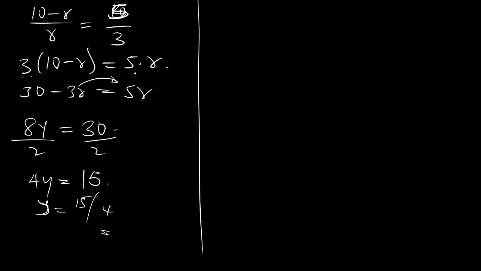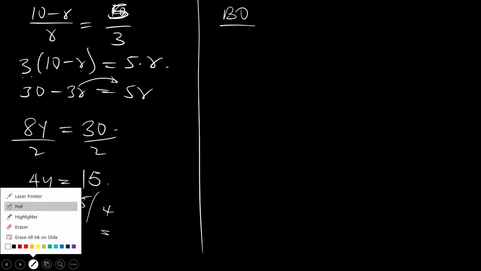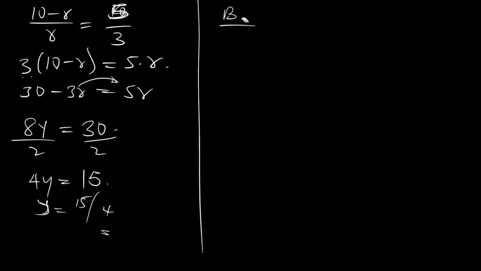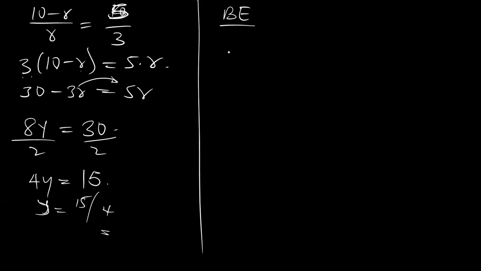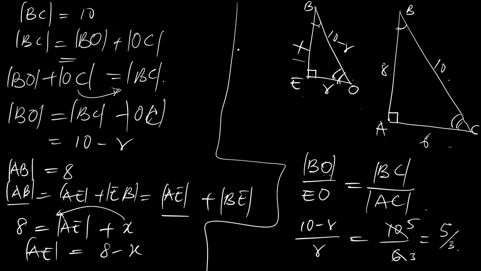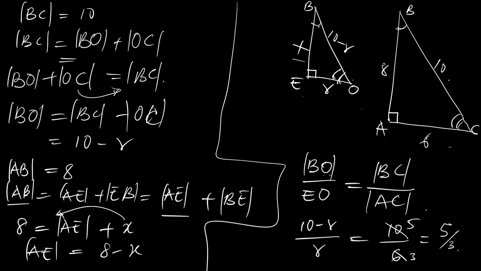So now you have BE divided by EO, and the ratio will be the same thing as AB divided by AC.